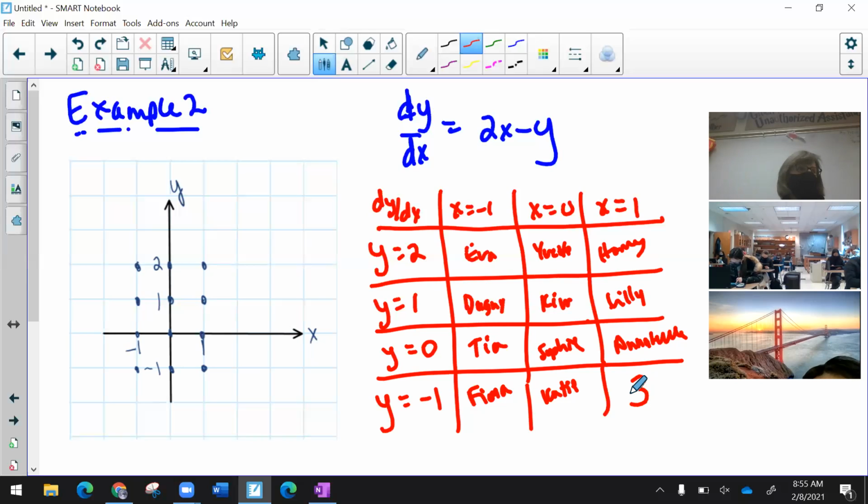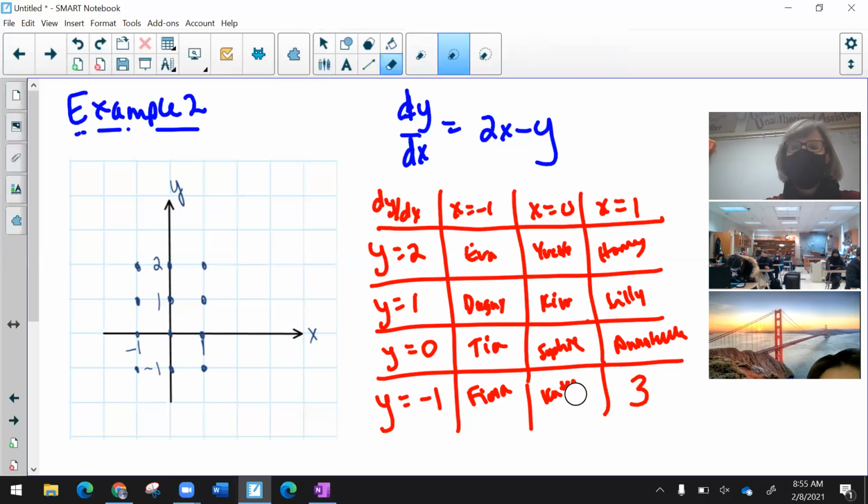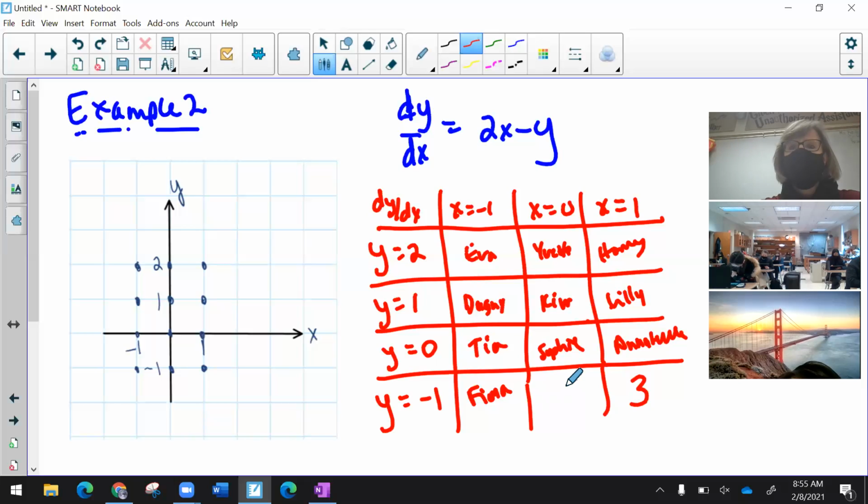All right, everybody got their slope? With the exception of Kim. All right. Katie, what's your value? -1? Because it's -1, right?